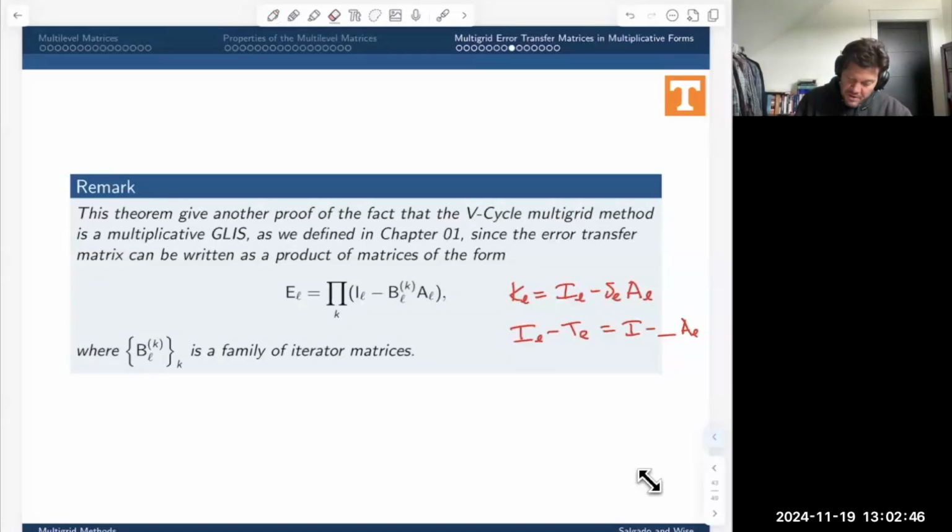So basically what we've just shown is that our error transfer can be written as a product of simple error transfer matrices. This gives another proof that the V-cycle algorithm is a multiplicative Gauss-Seidel-like method. And all you'd have to do then is discover what these iterator matrices are. Well, it turns out in our case, you can just read off the iterator matrices by definition from here.